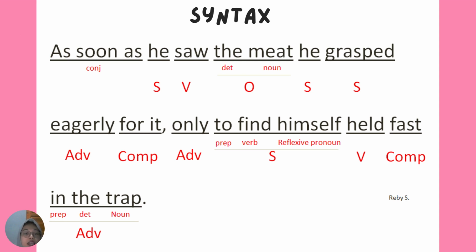Next, as soon as he saw the meat, he grasped eagerly for it, only to find himself held fast in the trap. As soon as, this is conjunction, he as subject, saw as verb, the meat, this is object, consists of noun phrase, there are determinant and noun, this is the subject, and grasped, I forgot to change this, it must be verb, and then eagerly adverb, for it is complement.